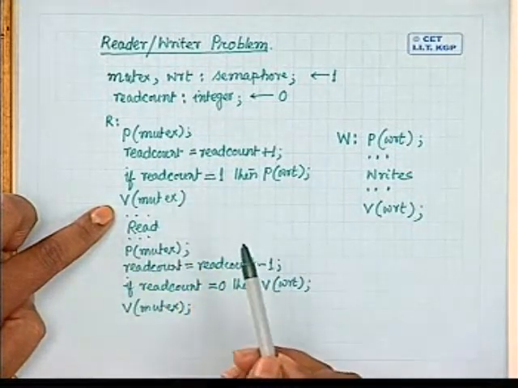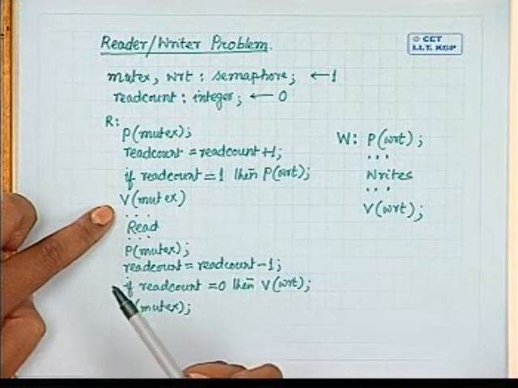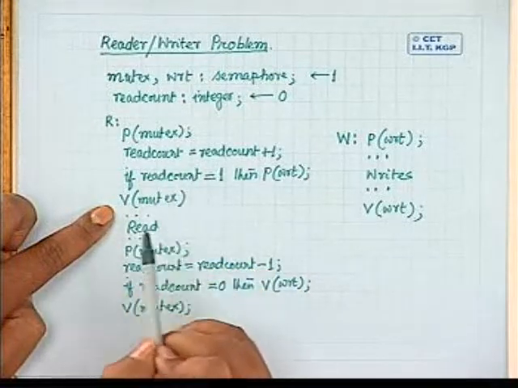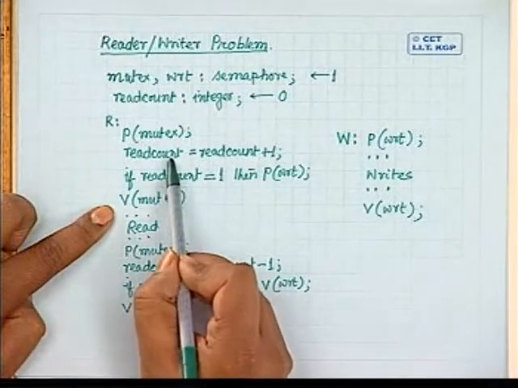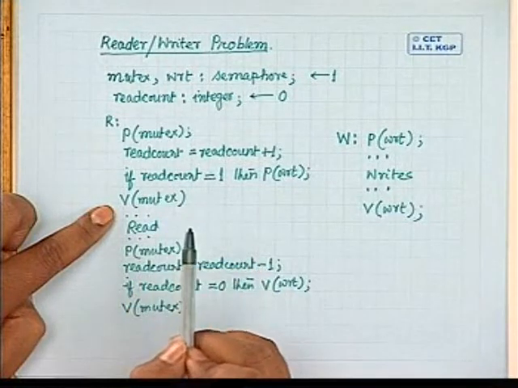Okay, that we have discussed with respect to our producer consumer problem when we tried to modify the value of count. So, to ensure that such a problem does not occur, access to this read count variable has been made mutually exclusive, and this mutual exclusion is guaranteed by this p mutex pair.